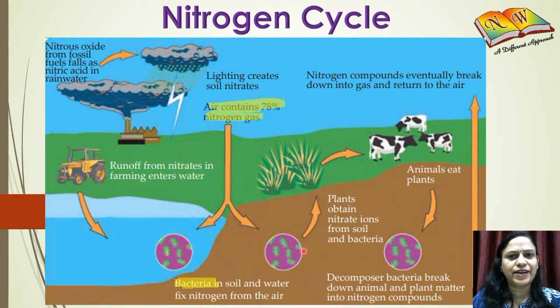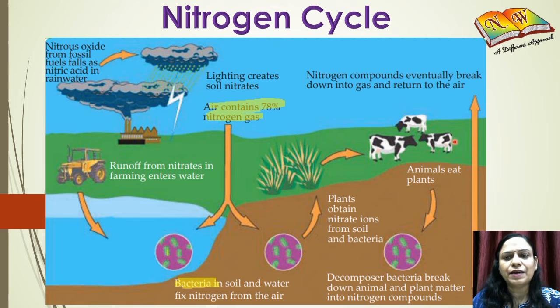Once the nitrates have been formed in the soil, plants absorb these nitrates in the form of ions along with water with the help of their roots and build proteins. The animals feed on plants and plant products, and that is how this nitrogen enters the body of the animal.